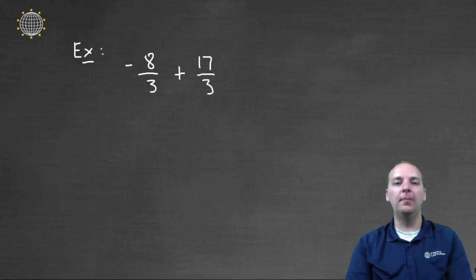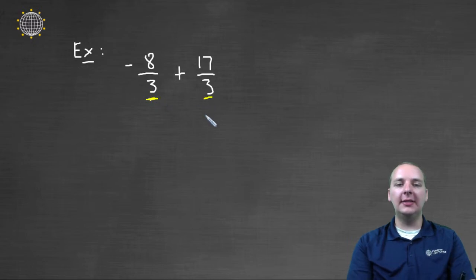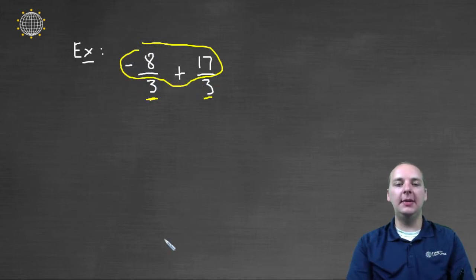Let's try a few more. Here's our next one. -8/3 plus 17/3. First thing I look at is the denominator. Yes, they're the same. There is a 3 and a 3. So the arithmetic happens in the numerator. I have -8 plus 17. So I can do that. Those are just the sum of two integers there. -8 and 17 add to 9.